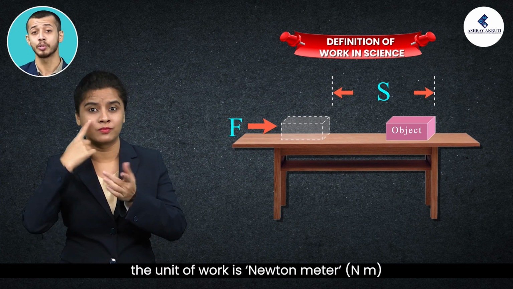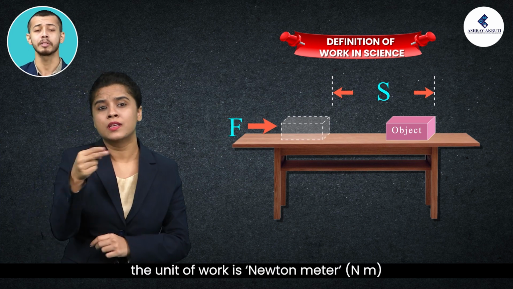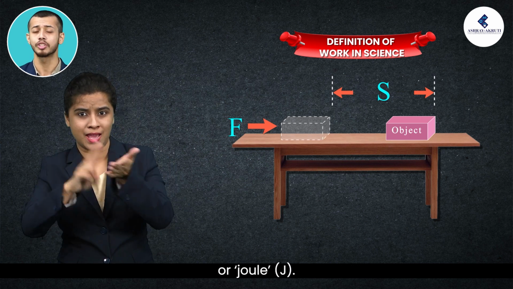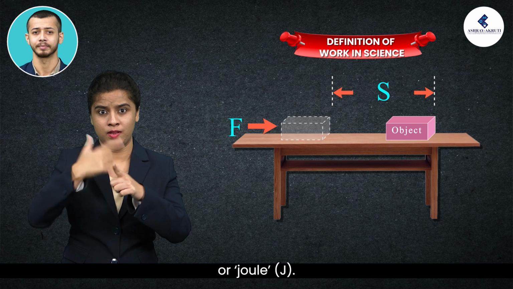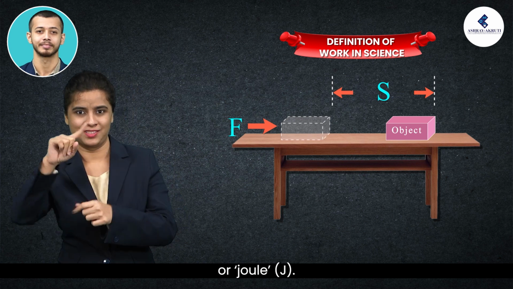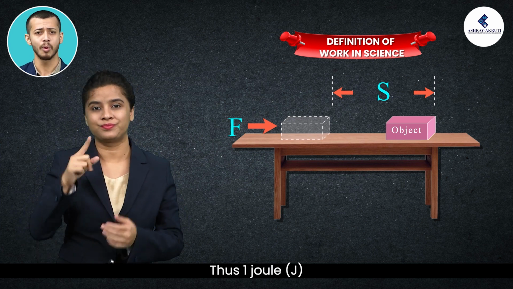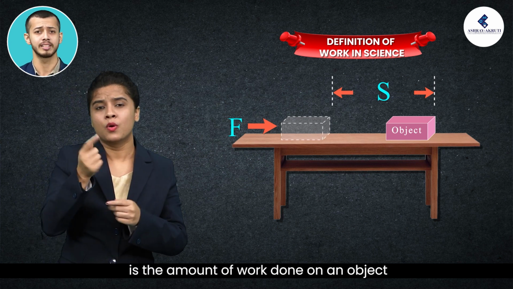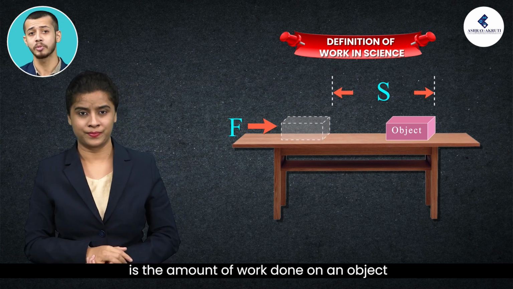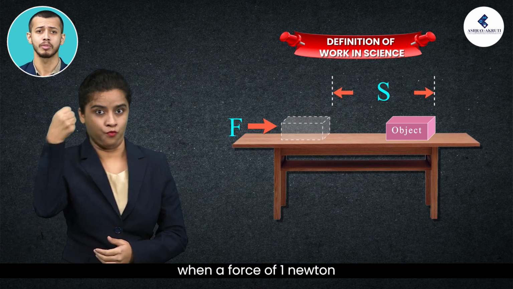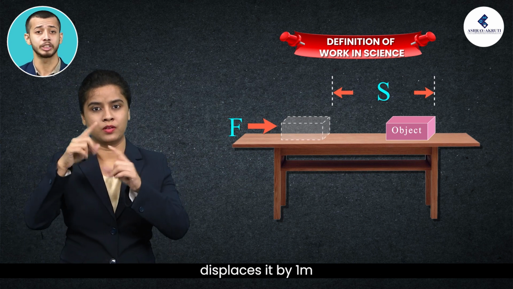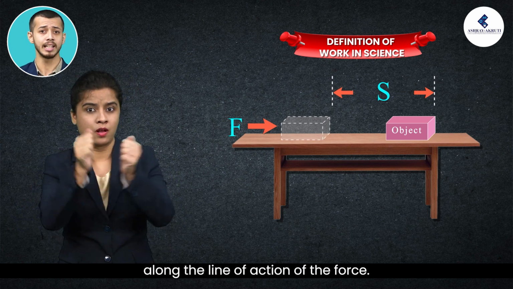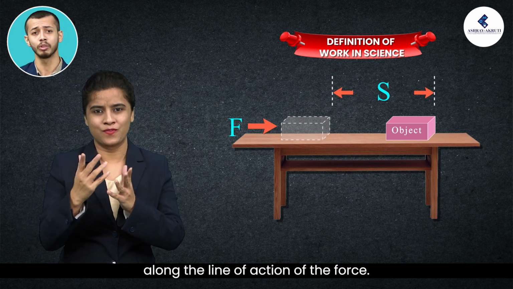Hence, the unit of work is newton meter (Nm) or joule (J). Thus, 1 joule (J) is the amount of work done on an object when a force of 1 newton displaces it by 1 meter along the line of action of the force.